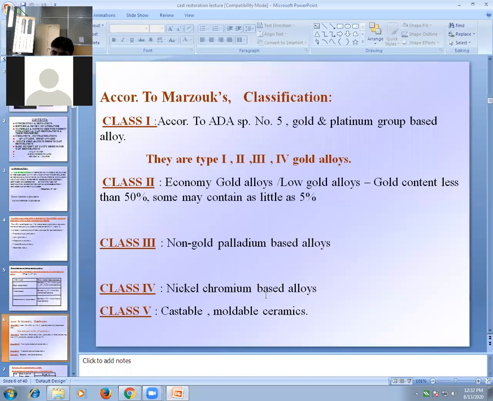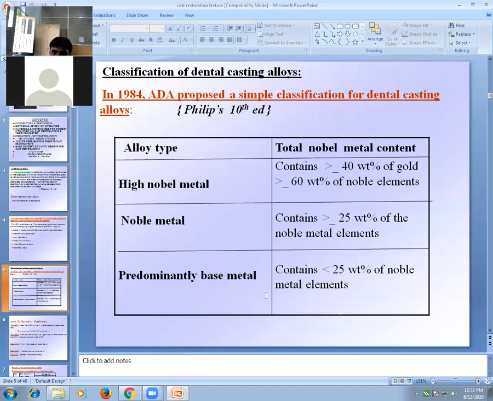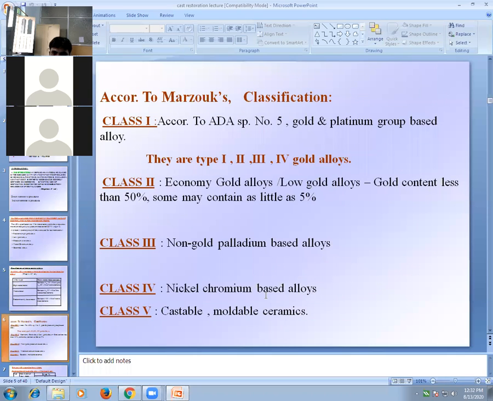Marzouk gave another classification. The previous one is by the ADA. This is the first classification given for the dental casting alloys. Marzouk divided it into 5 classes. Class 1 mainly consists of gold and platinum group based alloys, which are again subdivided into type 1, type 2, and type 3 gold alloys.